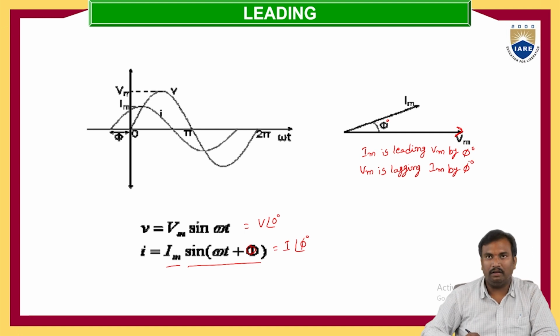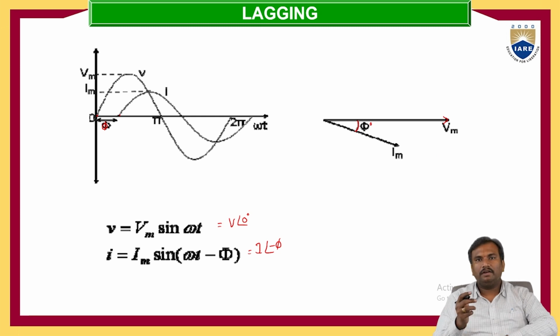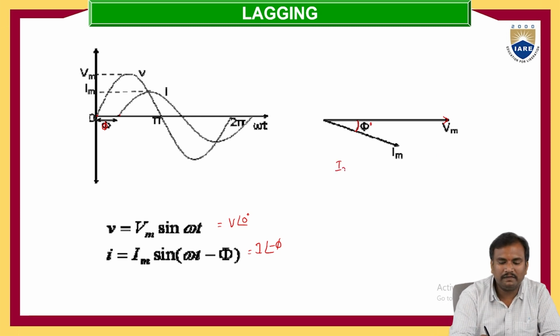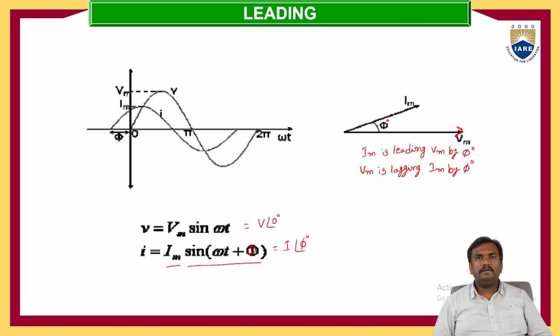And in the previous case, Im is lagging Vm by 5, and we can also say that Vm is leading Im by 5. This is the concept of leading and lagging.